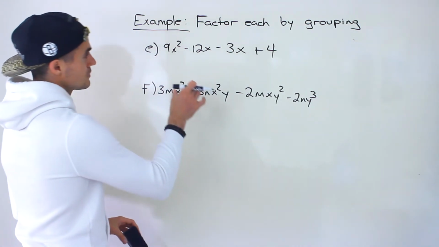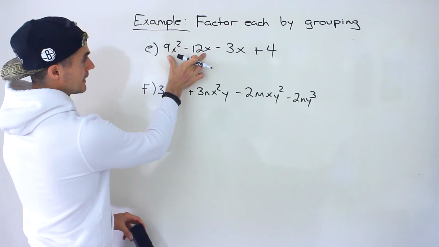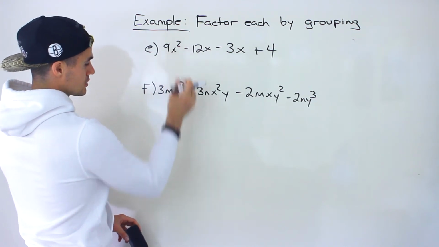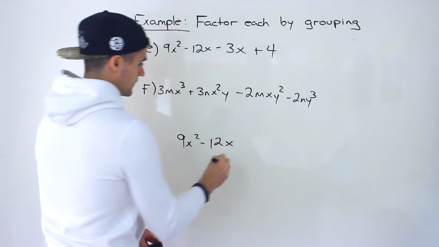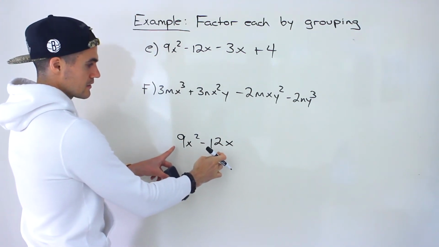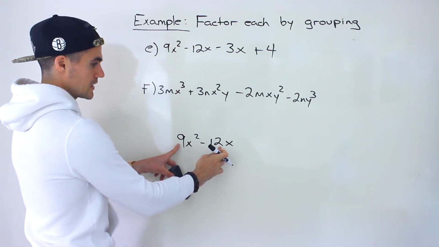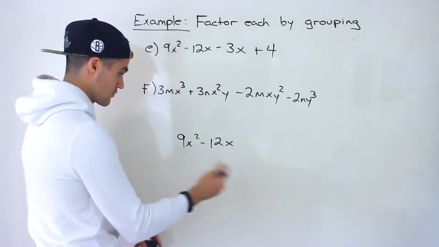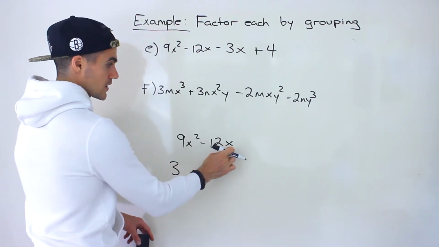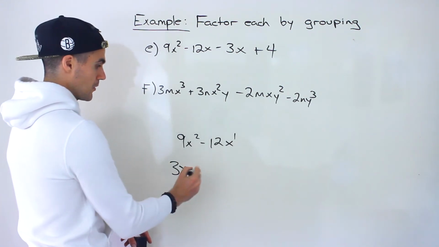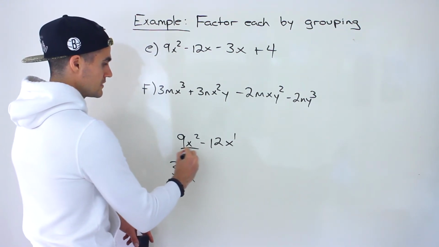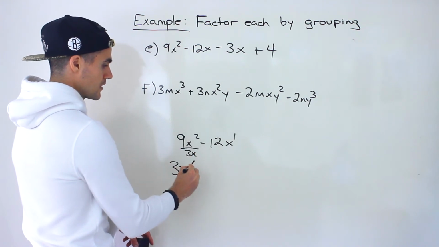So if we go into the factoring by grouping, 9x squared minus 12x, let's just look at these. Let's do it on the side over here. What would be the greatest common factor here? Between 9 and 12, it's 3. And between x squared and x to the power 1 is x, the lowest exponent. What would we be left with? Divide this by 3x. 9 divided by 3 is 3.